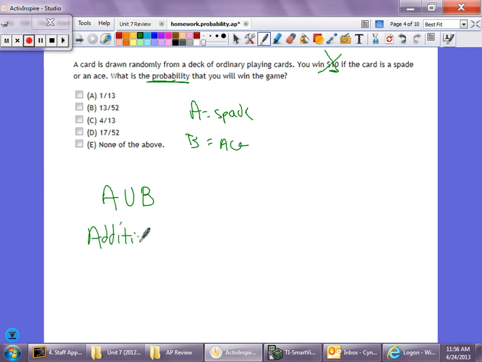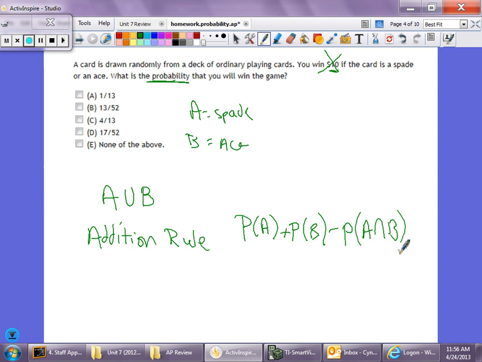So the first thing I need to decide is, can a card be both an ace and a spade? And if it can be, then I need to subtract out that overlap. So it'll be the probability of A plus the probability of B minus the probability of A intersect B, which in this case would be both an ace and a spade at the same time.